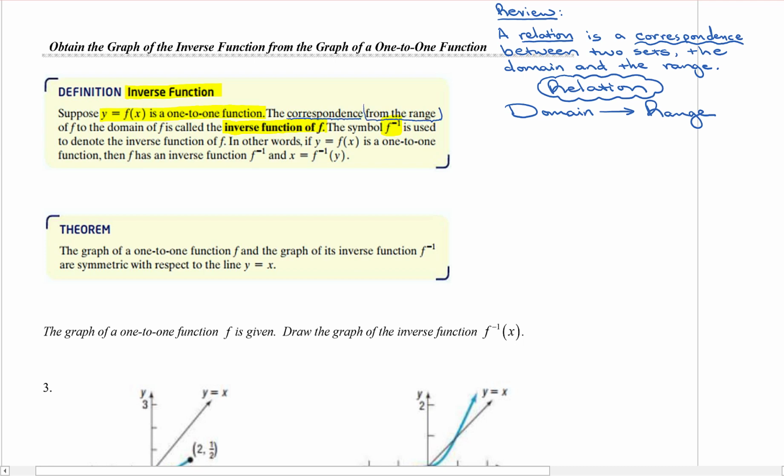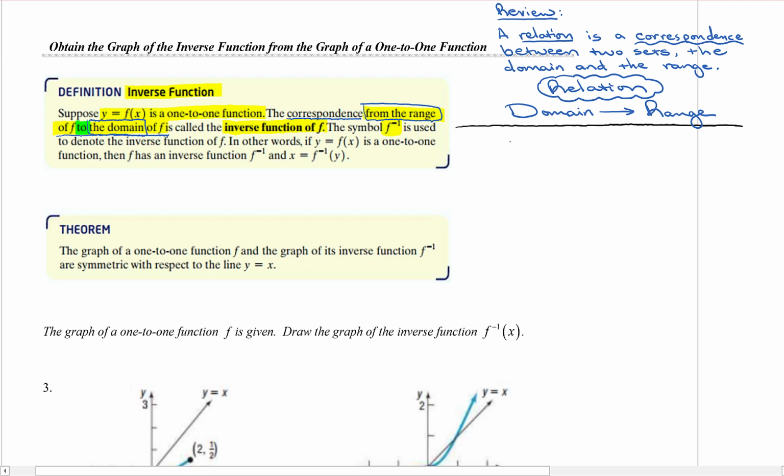Notice that this one says the correspondence from the range of f to the domain. Notice the order, from the range to the domain. What came first? This time they wrote the range first and then the domain.